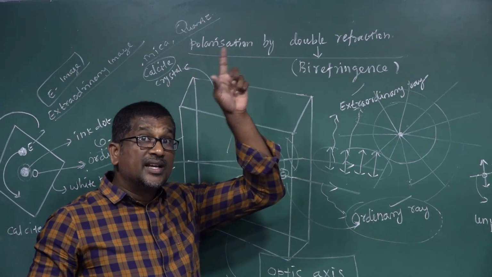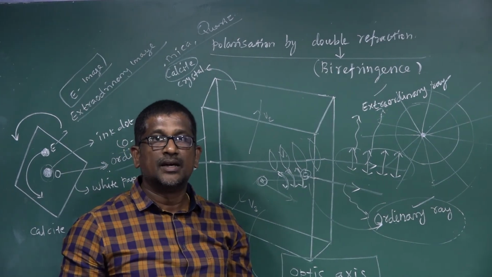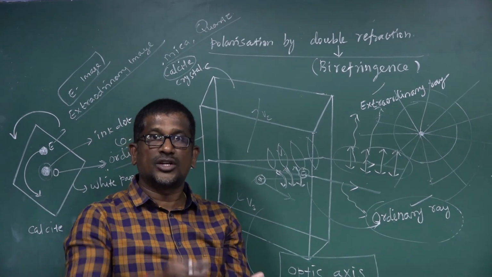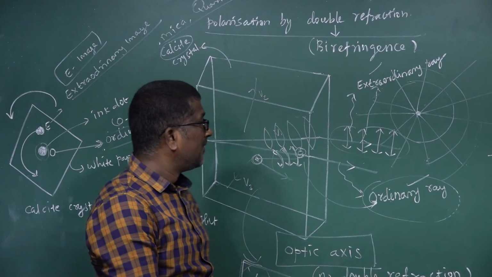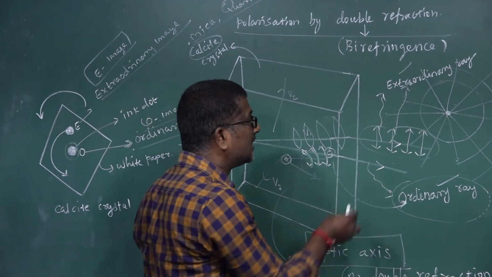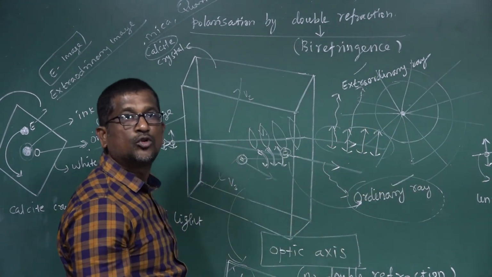The ordinary ray is completely plane polarized. Plane polarized means it consists of vibration in only one direction, and that direction is perpendicular to the plane of the board. Whereas if the extraordinary ray is completely plane polarized, it contains vibration parallel to the plane of the board.